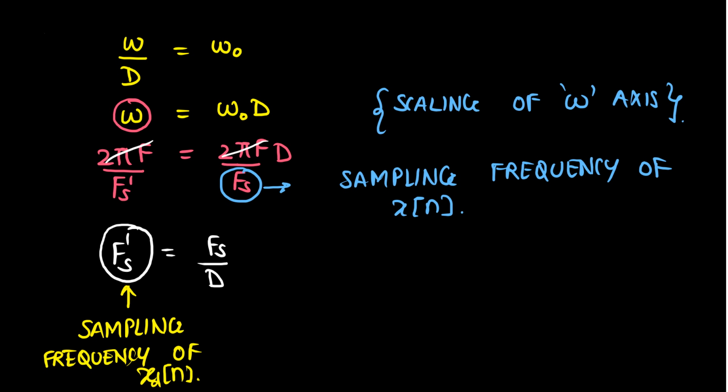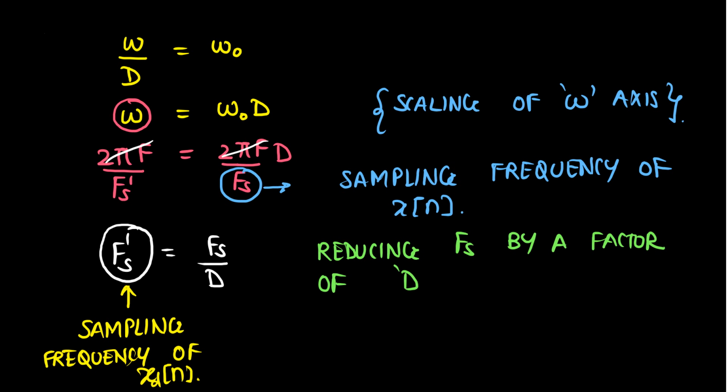What we are observing here is a reduction in the sampling frequency, that is, we are reducing the sampling frequency by a factor of d, and therefore this decimation process is also known as downsampling.